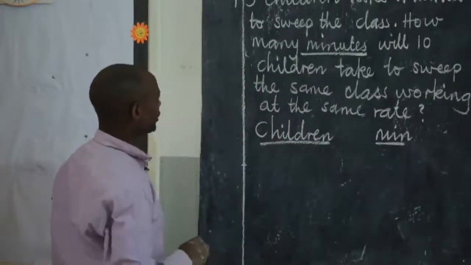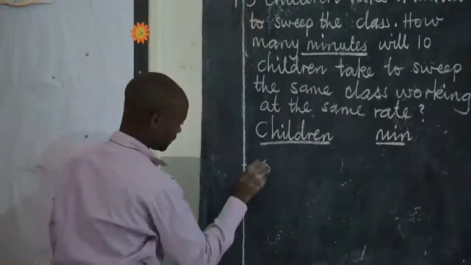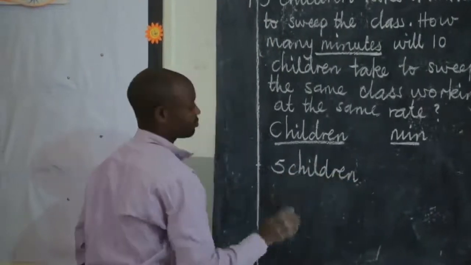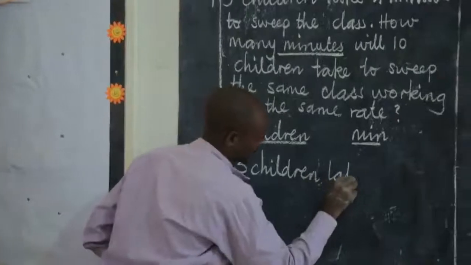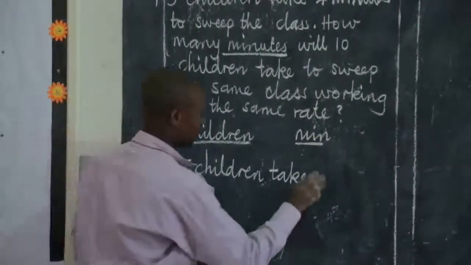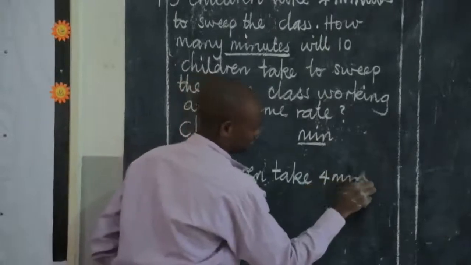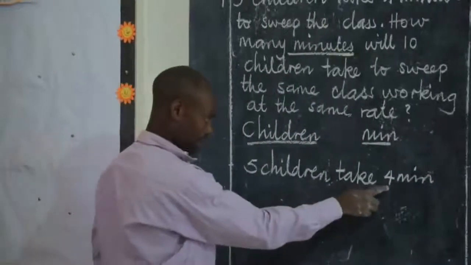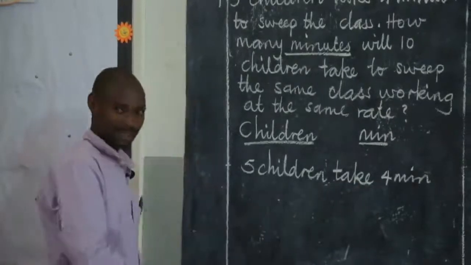So 5 children take 4 minutes to sweep this class.